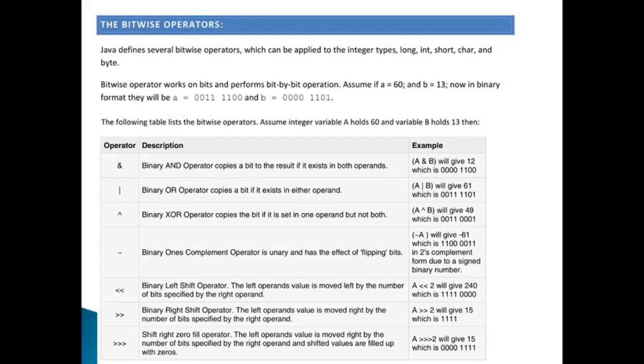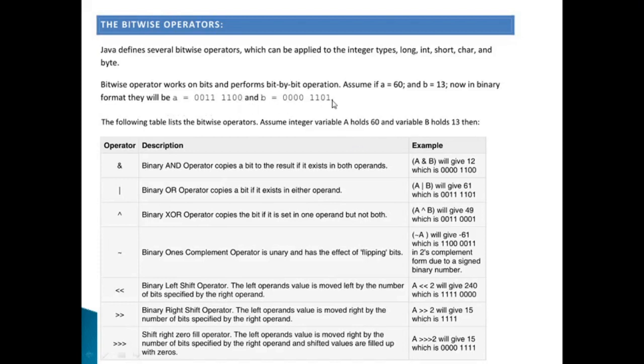Now what does the binary AND operator do? It performs the AND operation between the various bits of the two numbers. A and B will give what?